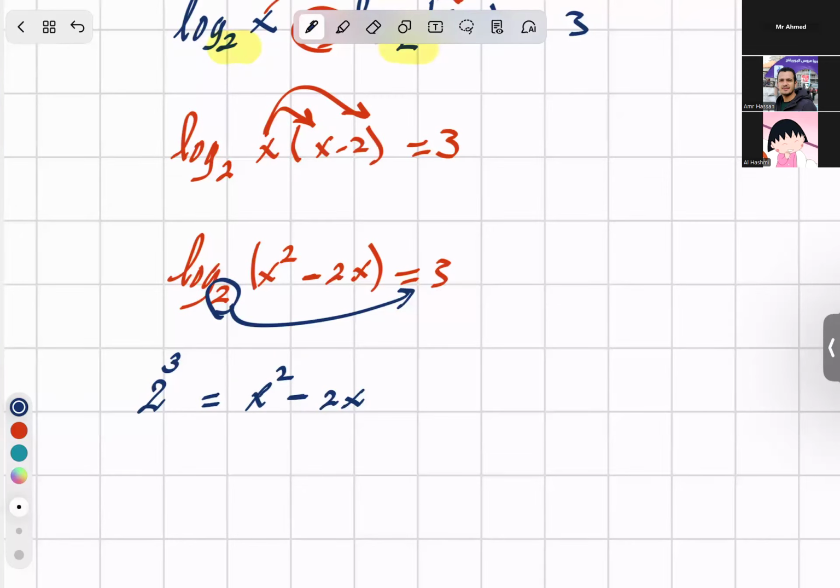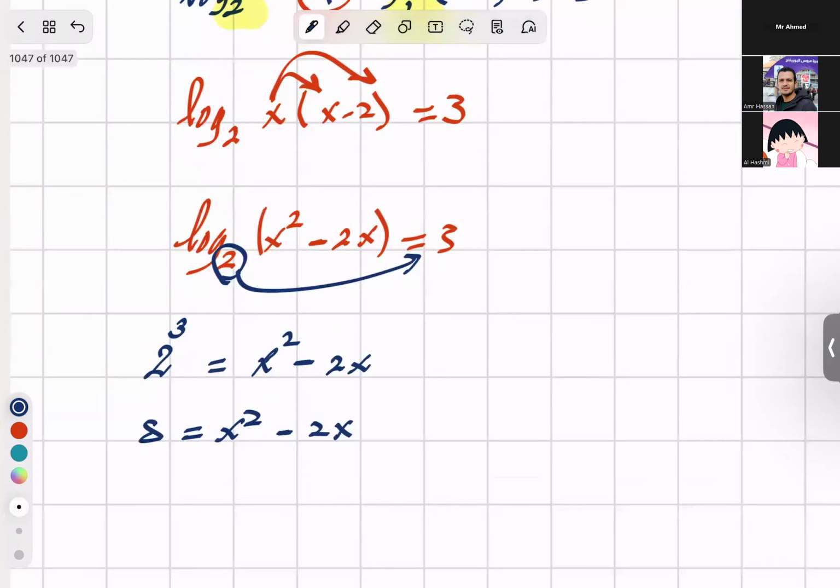So 8 equals x squared minus 2x, and then x squared minus 2x minus 8 equals 0.